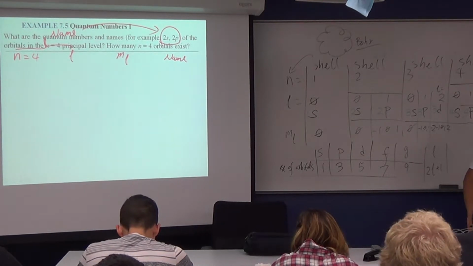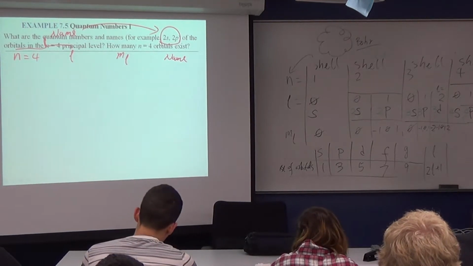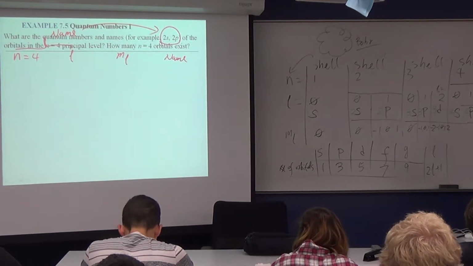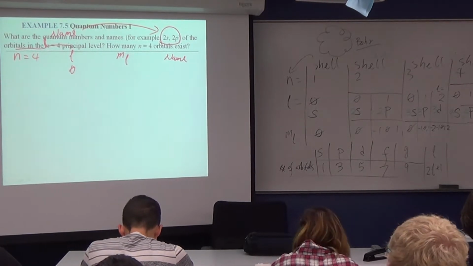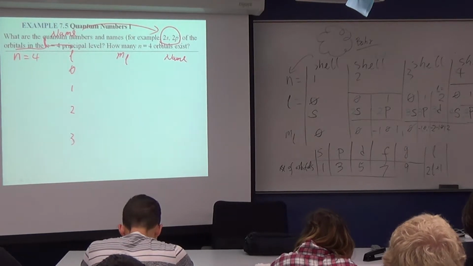You can do a very quick practice. So if you have n equals 4, what are the possible numbers for L? 0, 1, 2, and 3. All of them are okay.